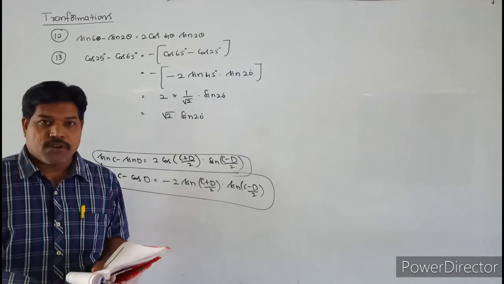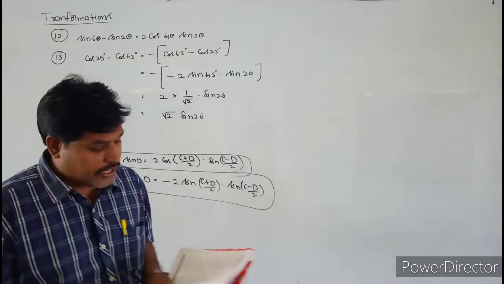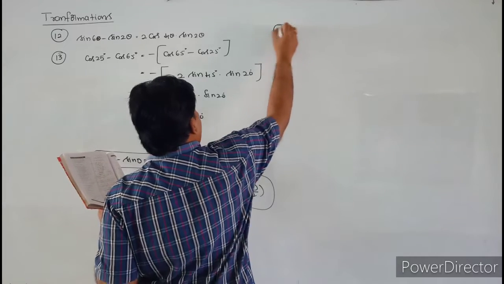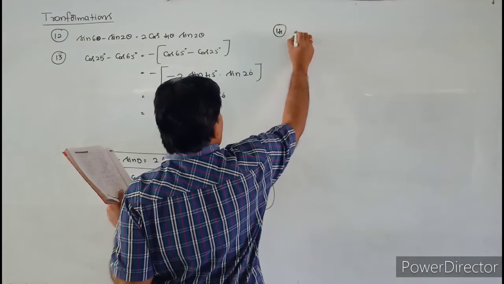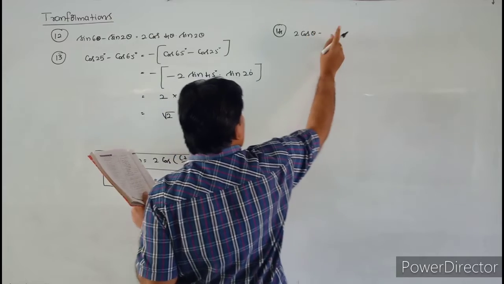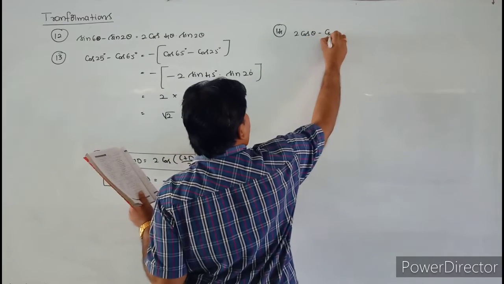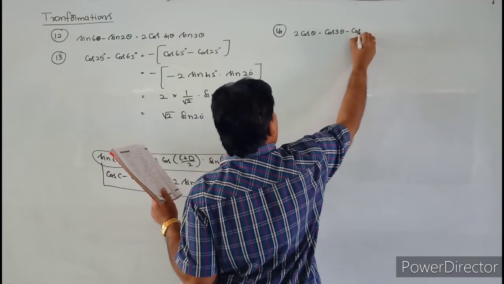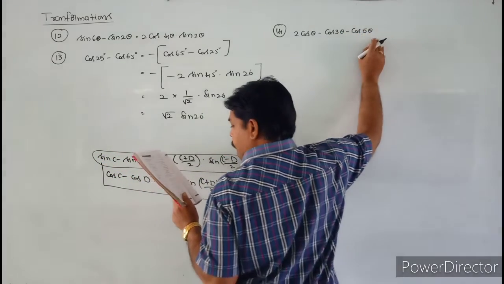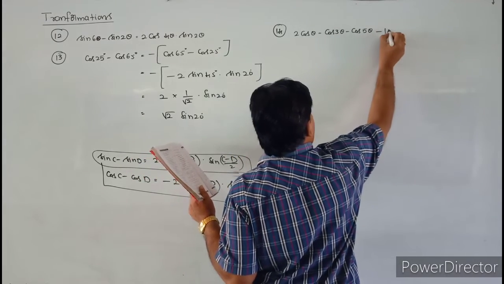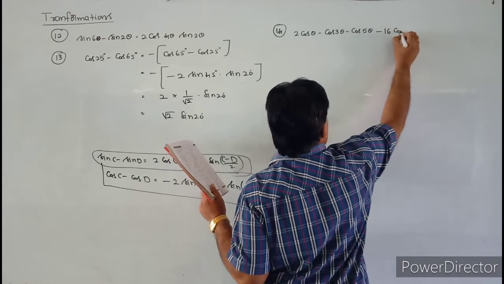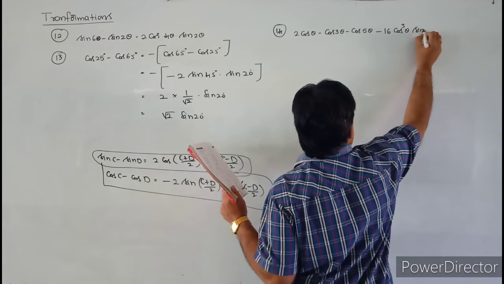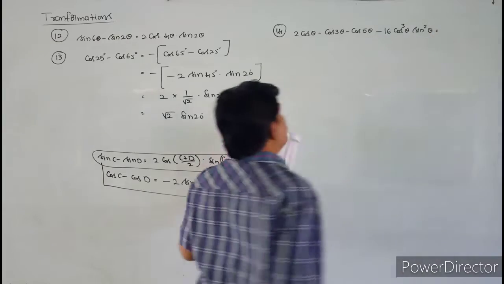Now see the next question, question number 14. 2 cos theta minus cos 3 theta minus cos 5 theta minus 16 cos cube theta into sin square theta is equal to.